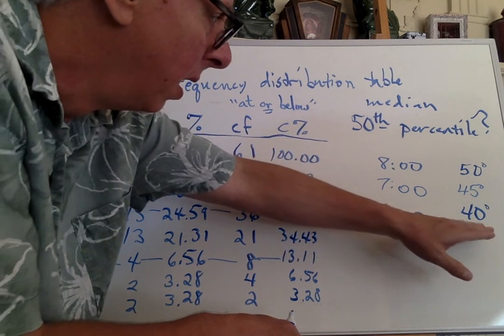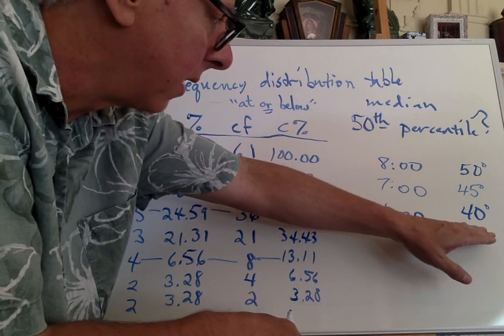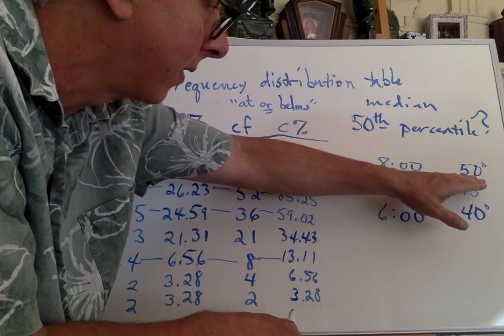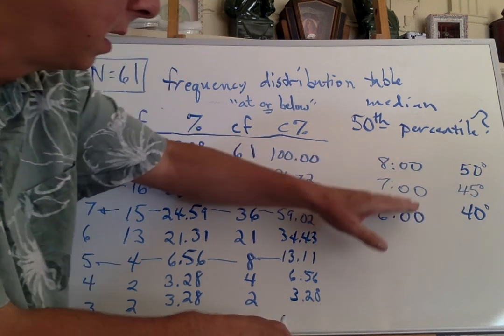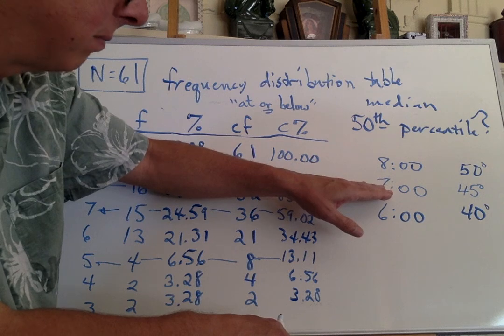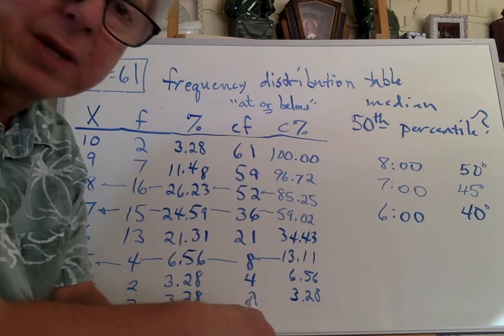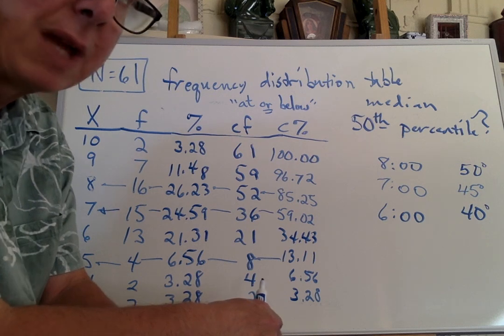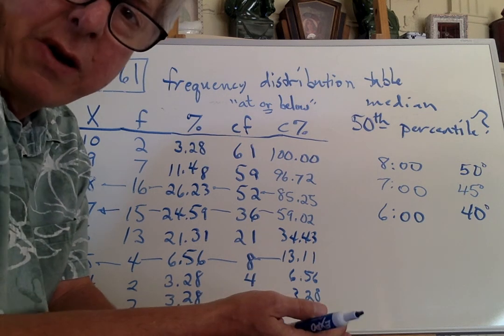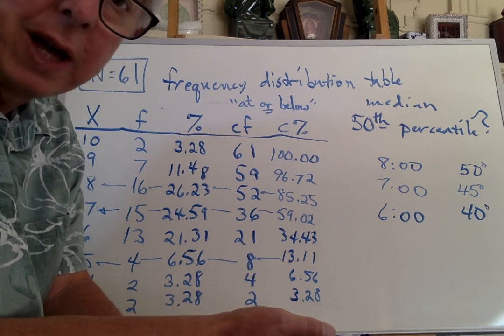And so, if the temperature was 40 at 6 o'clock and 50 at 8 o'clock, and I'm halfway in between, I'm going to make a guess that the temperature was halfway in between. Now, am I right or wrong? I don't know, I was sleeping, okay?